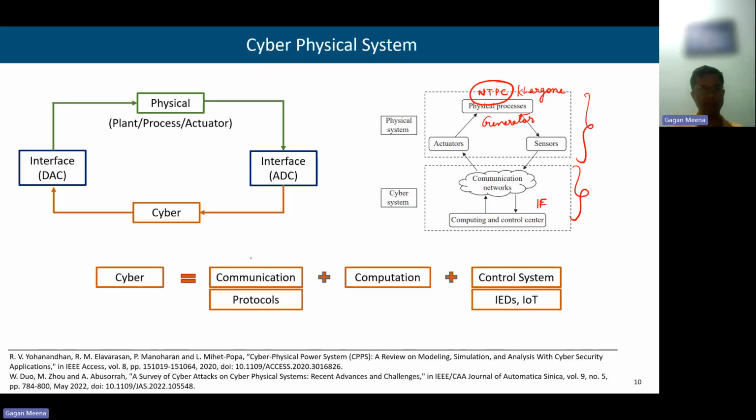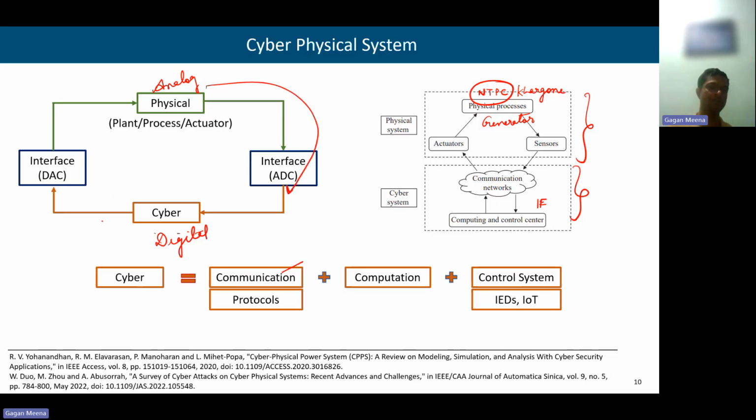The cyber part has communication plus computation plus control system. So all these three are part of the cyber system. Because the physical is the actual physical process and it's purely analog, and control and computation happen in the digital domain. So we need to convert this analog into a digital signal.